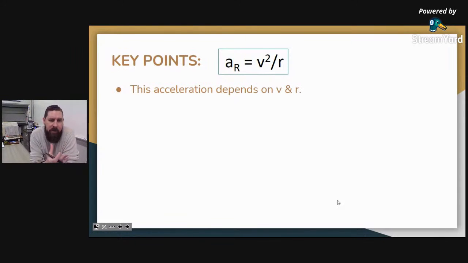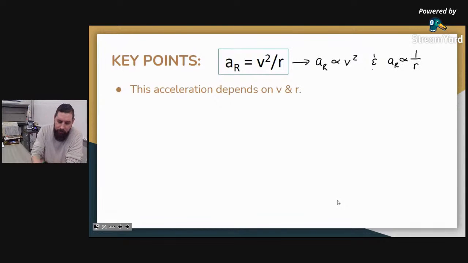We've got this equality that says radial acceleration equals v squared per r. But from that, I can draw two proportionalities. First, radial acceleration is proportional to v squared. The second is that radial acceleration is proportional to 1 over r.